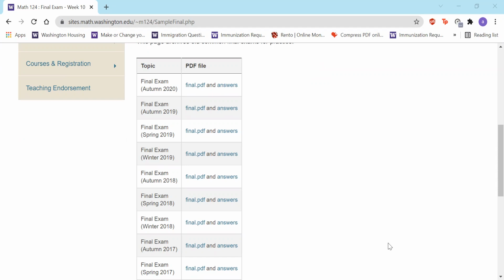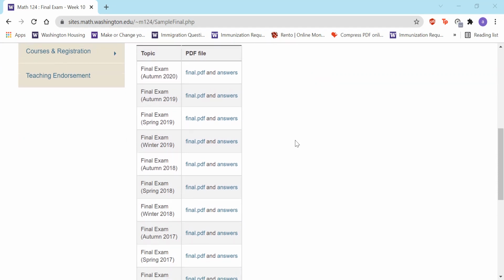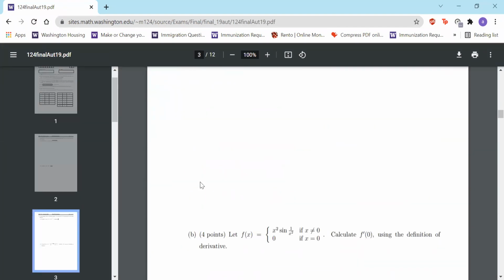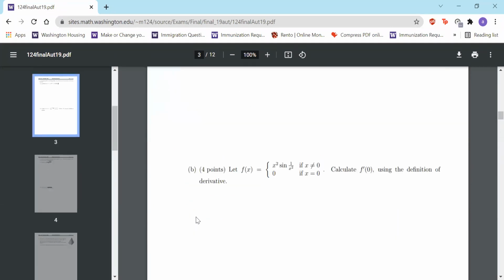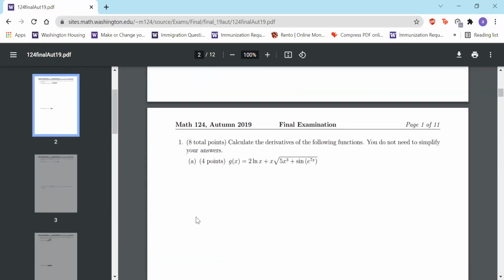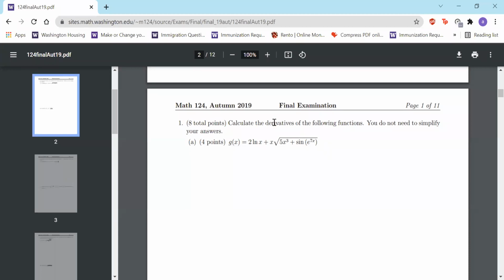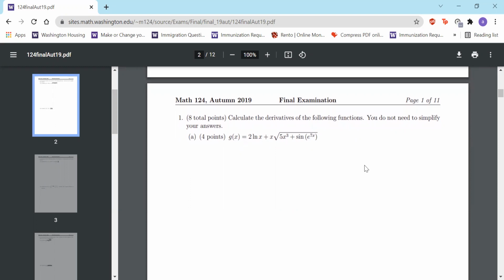So you see chain rule and chain rule. Does anybody can see his screen on the fall 2019 final exam? If you cannot see, please let me know.